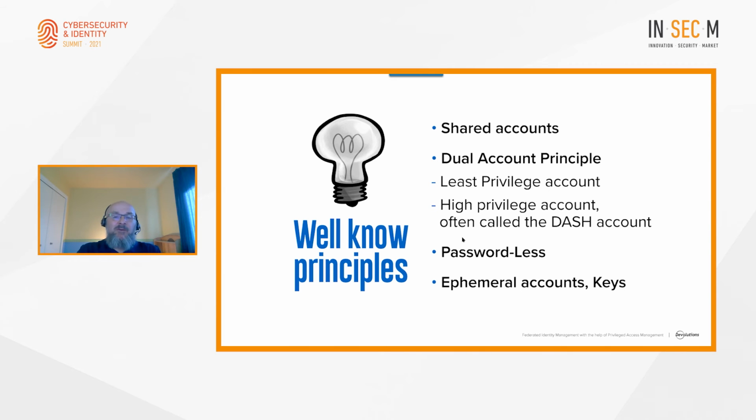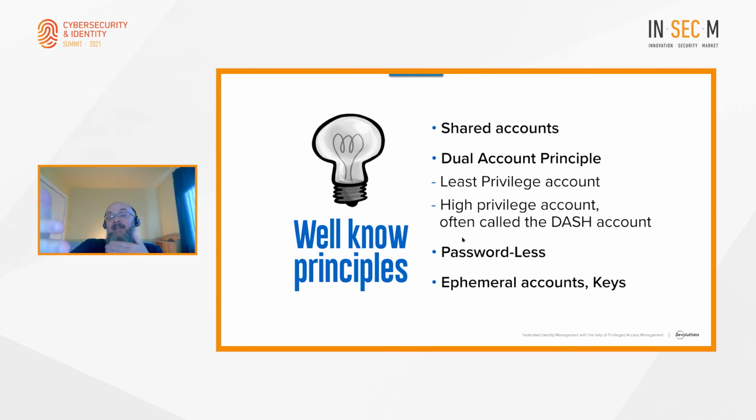I describe here a few well-known principles, the dual account principle. A lot of IT users, they have a least privilege account and a high privilege account, sometimes called a dash account because they use dash and min. But you can understand that they should never open an email, a PDF document or a Word document even with their high privileged account token live on that machine because there are attacks using what I've described earlier, these Acrobat documents, these Word documents, and their goals are mostly to grab your authentication token.